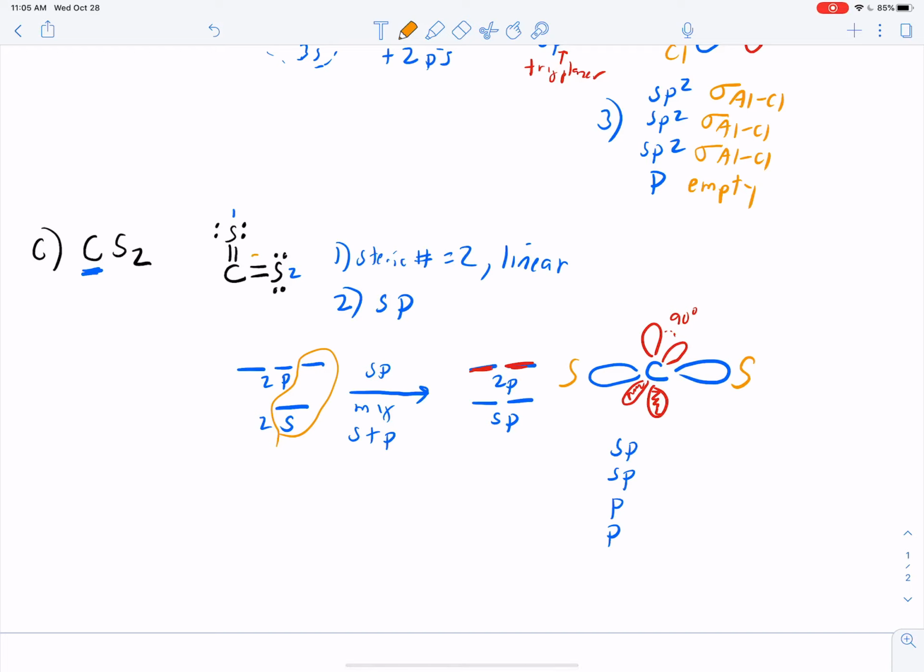I need to worry about bond A and B. Another way of saying that is I need to worry about the sigma bond and the pi bond, the first bond and the double bond. So to make those sigma bonds, generally the default is to use the hybridized orbitals. And so in this case, I'm using one sp orbital, this one, to make a sigma bond between carbon and sulfur, and I'm using the other sp to make a sigma bond between the other sulfur and carbon. So that's the function there.